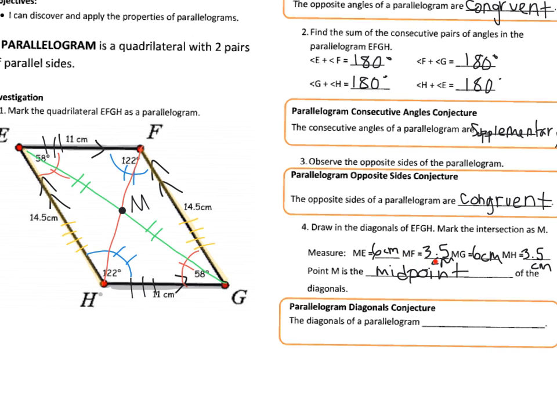And then MF is 3.5 and MH is 3.5. So here and here, those are congruent to each other. So we're going to mark those congruent as well. So then the parallelogram diagonals conjecture states the diagonals of a parallelogram bisect each other. That means to cut them in half.